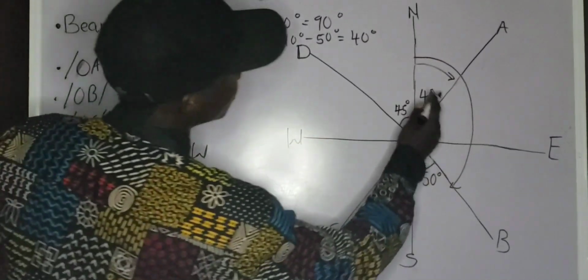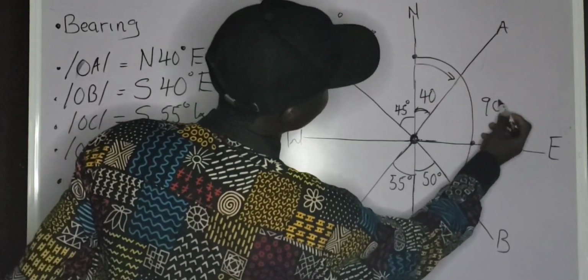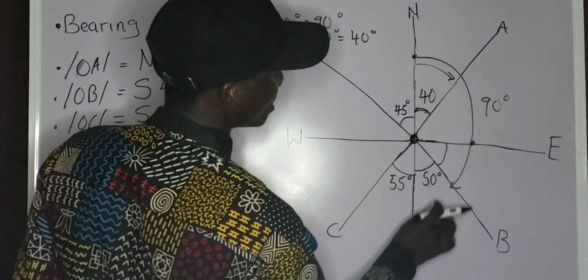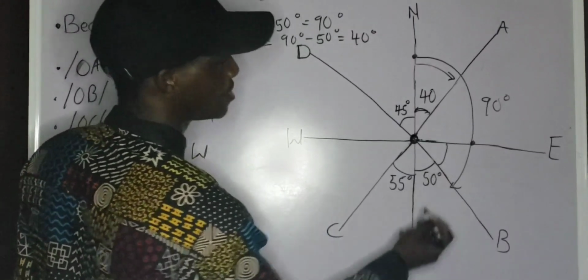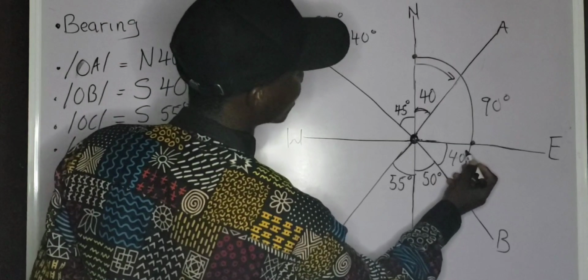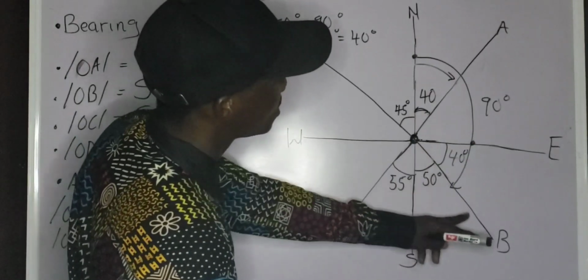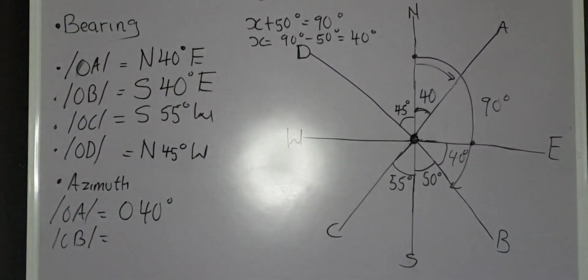But I know that the angle from here to here is 90 degree. So I need the angle here. How do I get the angle here? Subtract 50 degree from 90 degree. That is 40 degree. So the azimuth of line OB is 90 degree plus 40 degree. Do you understand how I got that? So the azimuth is 130 degree.